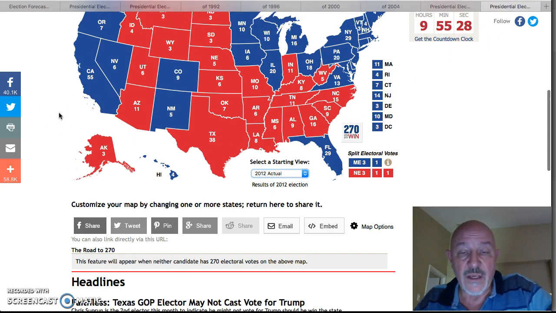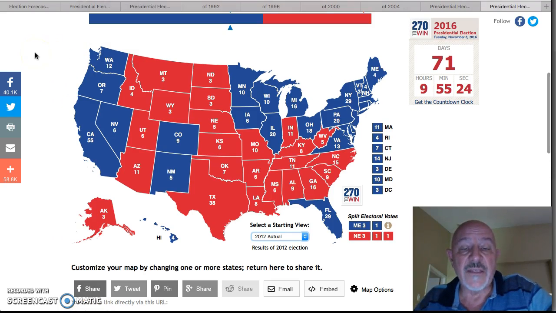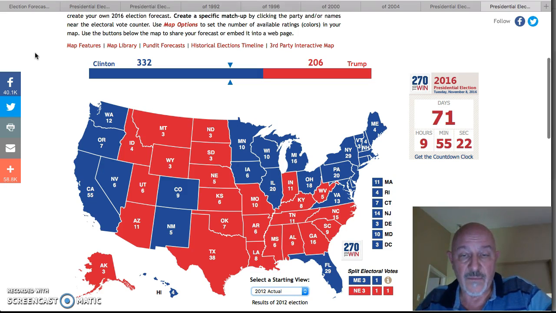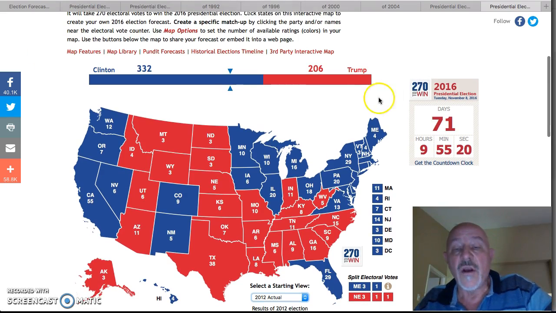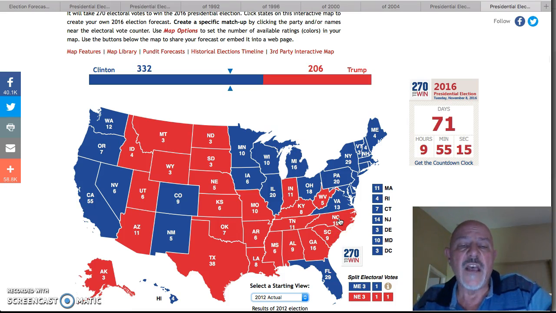Okay, so 2012, in this map, Obama was not able to continue to keep North Carolina. Otherwise, the map is rather similar. Well, he also was not able to keep Indiana. These were the 2 main changes in the map.